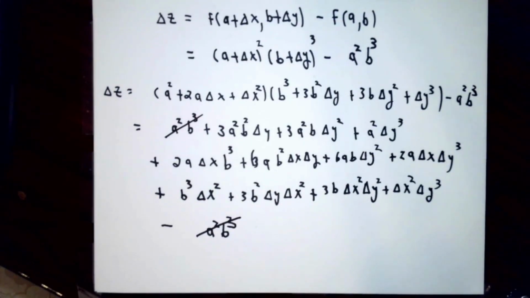The second chunk, I'll do the same, except I'll make sure that after I factor a delta y out, everything that's left inside goes to 0. If I can do that, then this will show me what the epsilon 1 and the epsilon 2 should be.